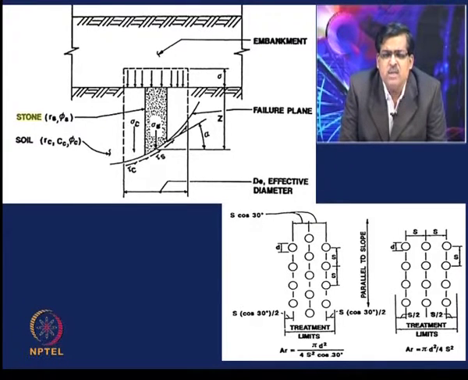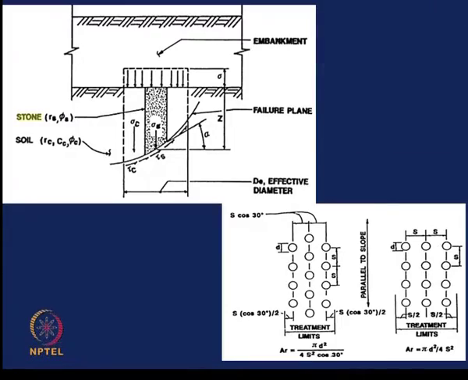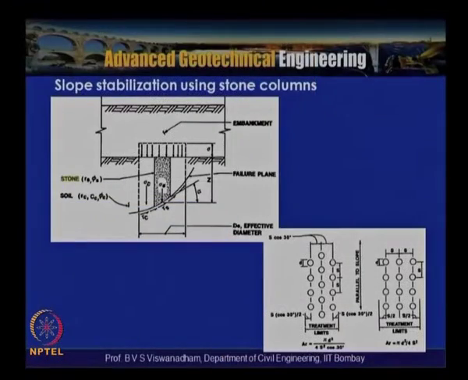There is software which can adopt this scheme and give the factors of safety. One example is Talren, which has a facility to incorporate stone columns and different layouts to calculate the factor of safety with the effect of the stone columns.